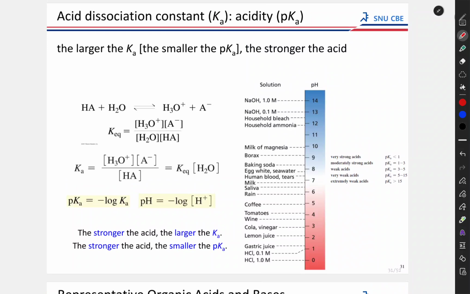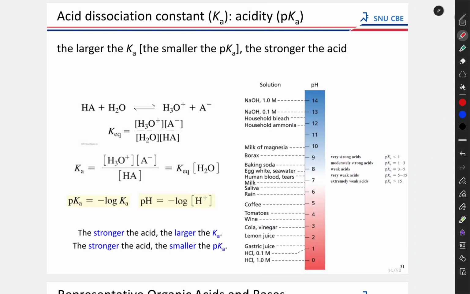And this is the general formula for the acid protonation reaction. A species gives a proton to water to generate a hydrogen cation and the conjugate base, A minus, and the equilibrium constant can be written as the following, which we learned in general chemistry. But for the Ka, you only need water. This is the definition for Ka: K equilibrium times water will give you Ka, but the water term is basically constant.